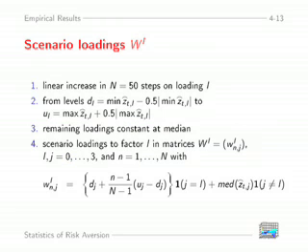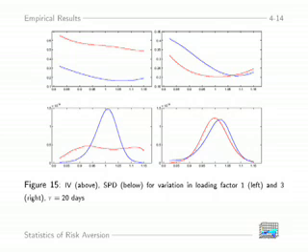Therefore, we have to define some new synthetic, or artificial, weights. Everything is held at the median, and the selected loading factor is increased linearly according to some number of steps.